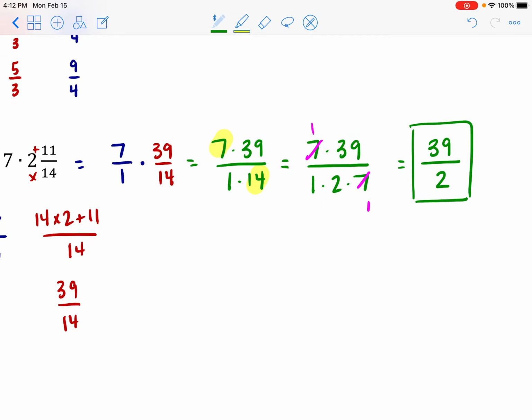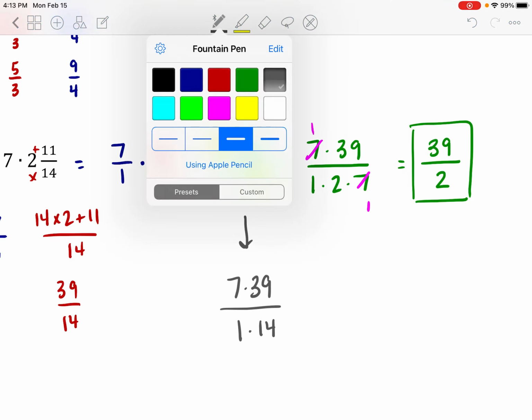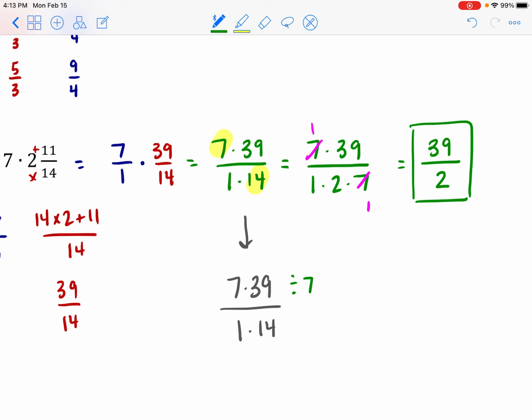And I just want to show you here, back at this step. So 7 times 39, and we had 1 times 14. Remember, if you don't want to write out the factorizations and divide, there was another shortcut. So if you can see the common factor of 7, and you want to divide by 7 here and divide by 7 here, that would work as well.